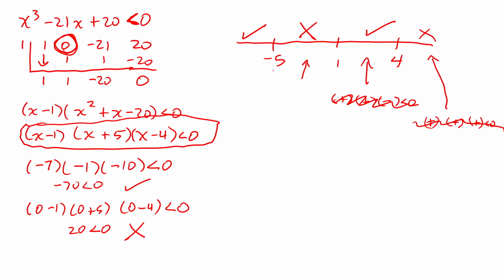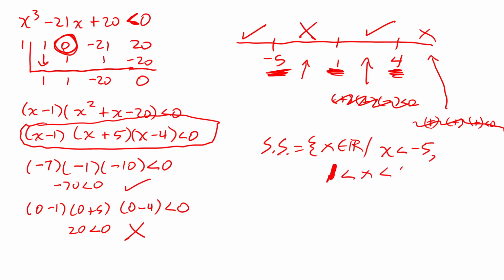So because of that, we know that these values here of negative 5, 1, and 4 will not be part of our solution set. So our solution set is going to be the set of all x element of the reals such that x is less than negative 5, that's that first check mark, or 1 is less than x is less than 4, and that's that second check mark.